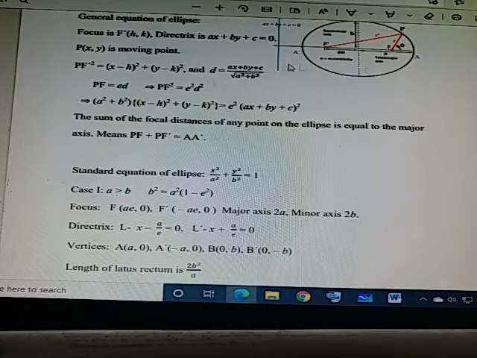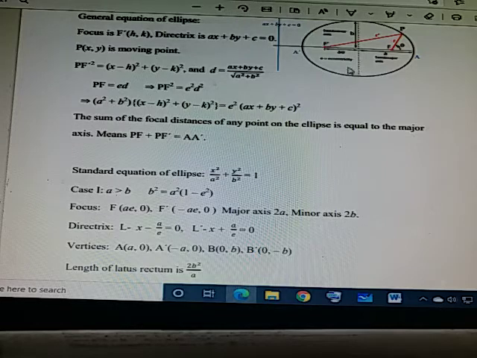So in case of ellipse, it is symmetrical about two axes. So one is the major axis. Actually, it is a symmetrical figure, and so it is having a center. So the diameter of minimum length and the diameter of maximum length.